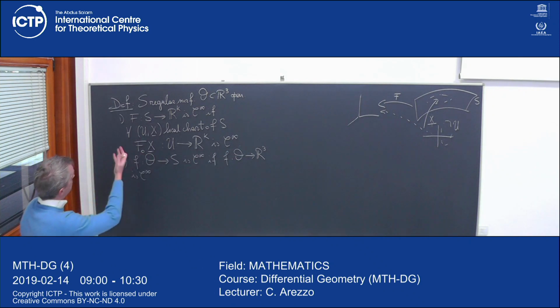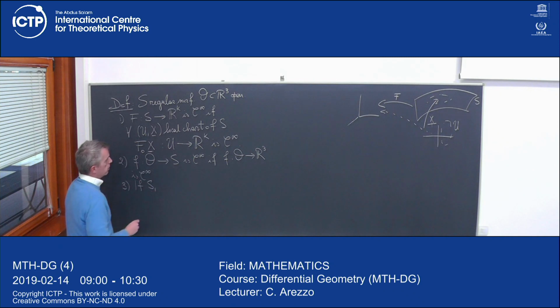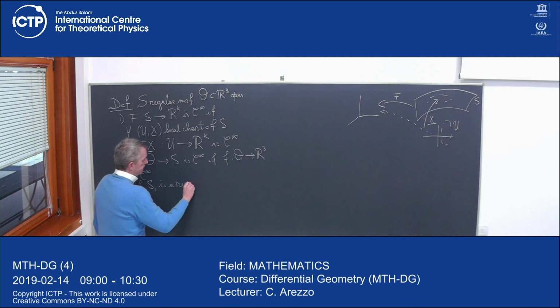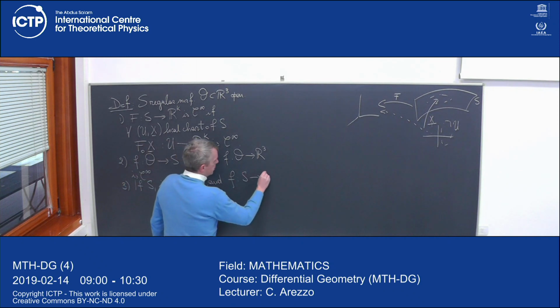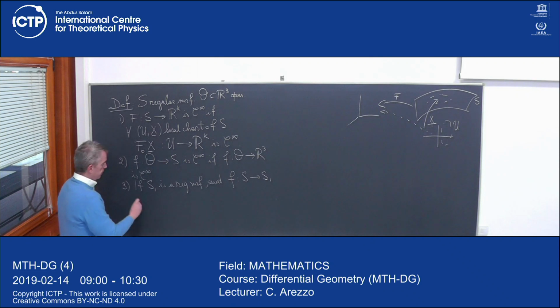Well, and now composing 1 and 2, of course, we get 3, because eventually we will have a map from one surface to another surface. So if S1 is a regular surface, and we take a map F from S to S1, so now this is the prototype situation. When will we say that such a map is smooth? Well, combining 1 and 2.